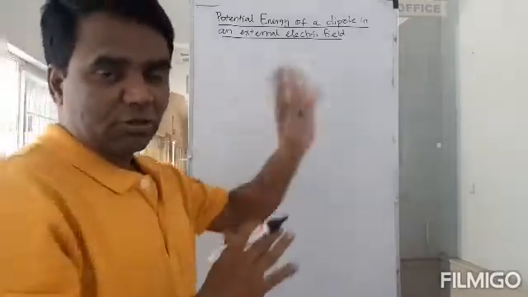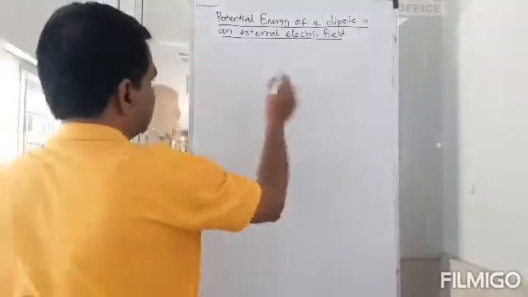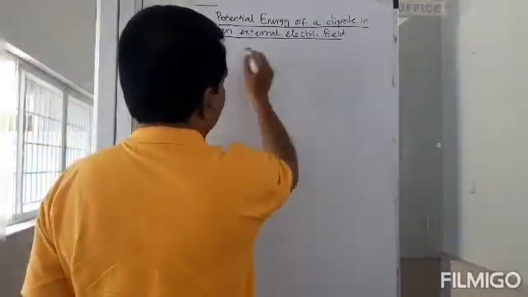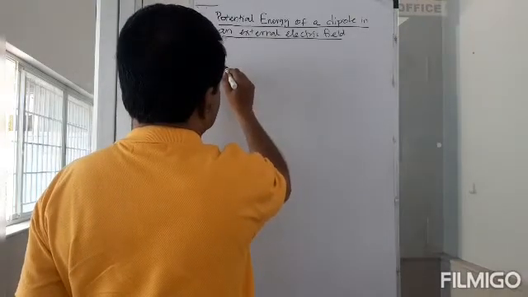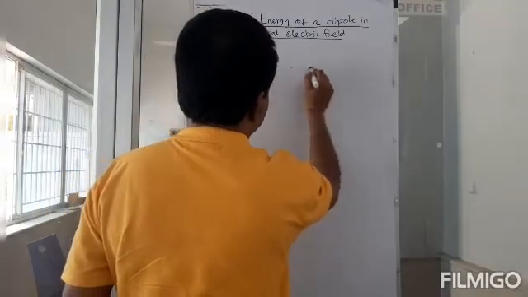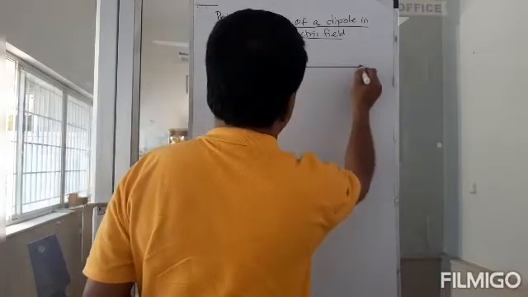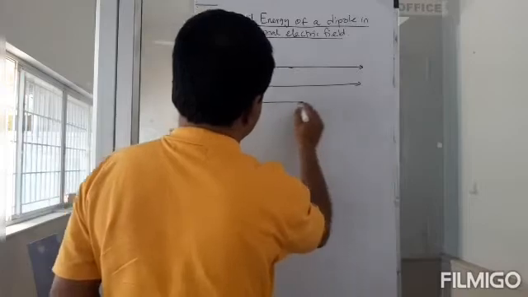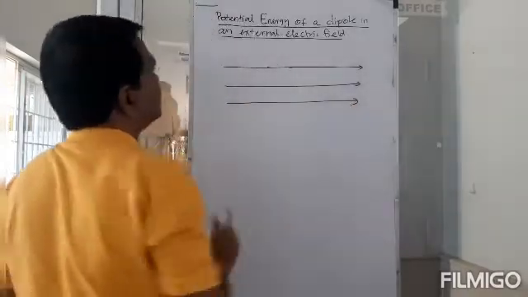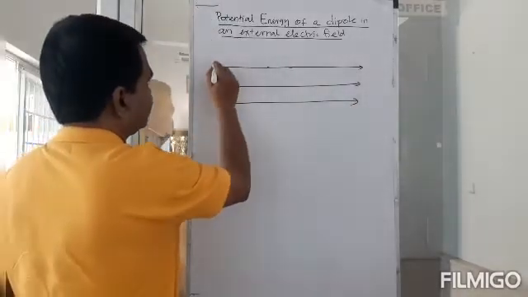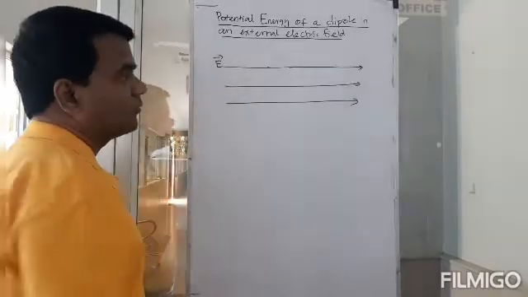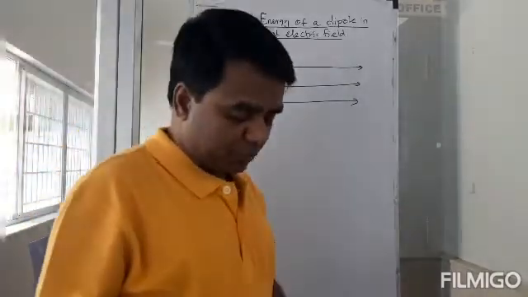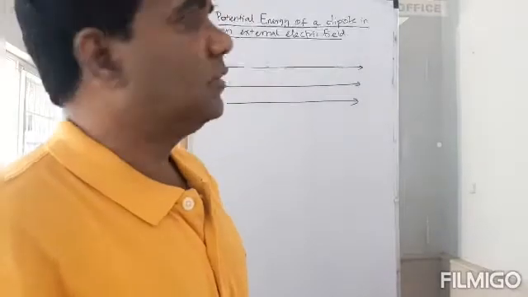Let me assume a constant electric field, that's the external field, a uniform electric field. The field is going to be like this, in this direction. So this is E. Let us suppose I have a dipole in this field.